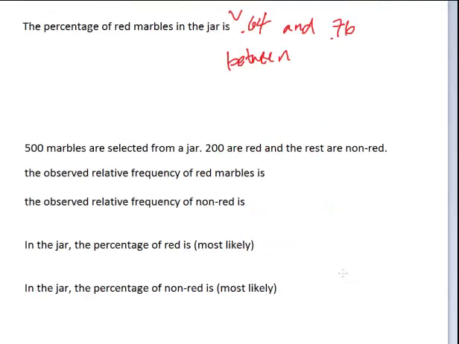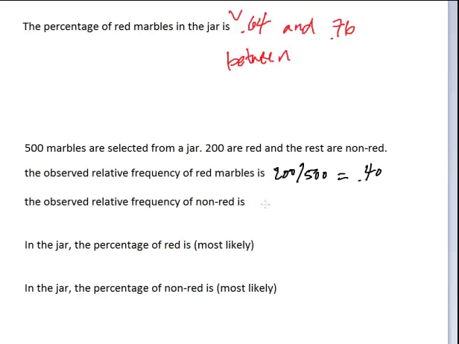All right. Next problem. 500 marbles are selected from a jar. 200 are red, and the rest are non-red. So the observed relative frequency of red marbles is 0.4.